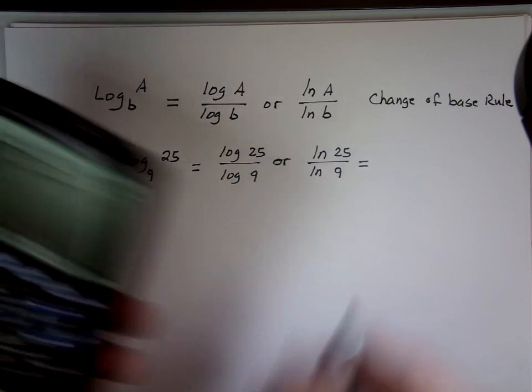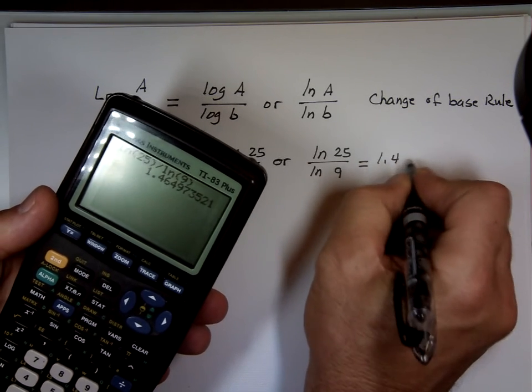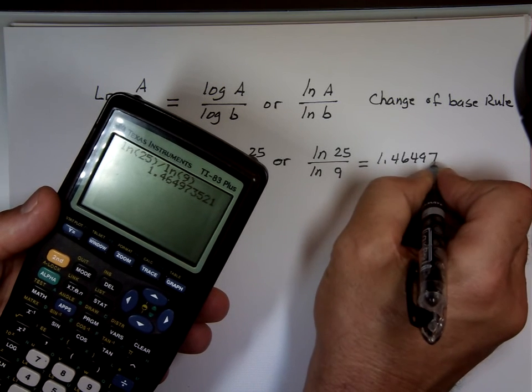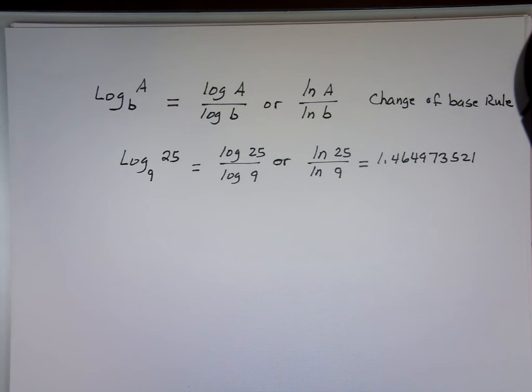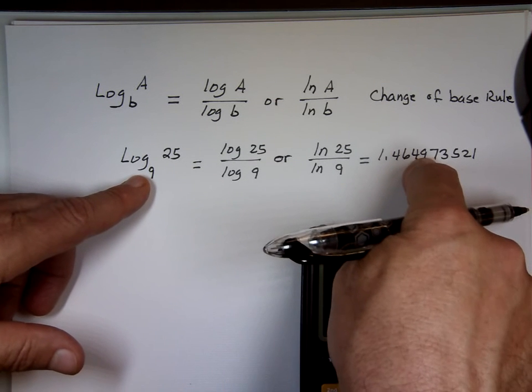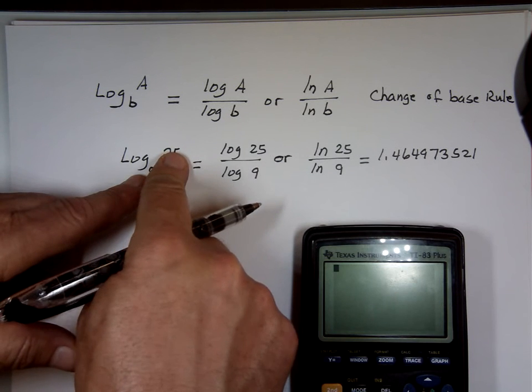is it 1.465 roughly? 1.464973521. And if that's really true, if that's the correct answer, if I take 9 and raise it to that power, it should give me what? Should give me 25. So let's try it.